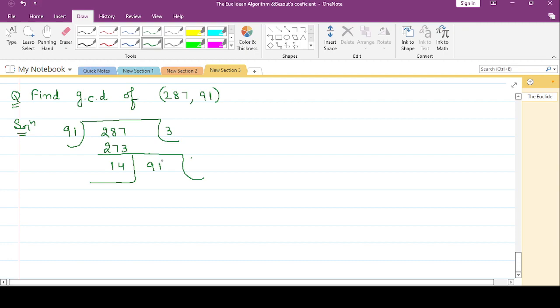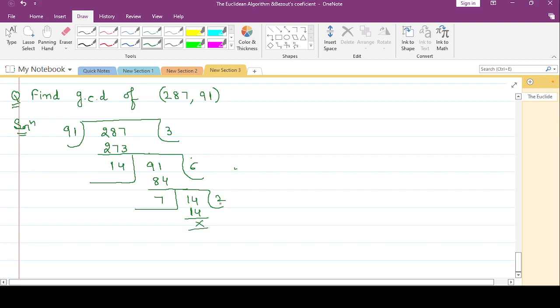So 14 into 7 is 98, but 14 into 6 is 84. Now 91 minus 84, what is it? It is 7. And then the previous divisor, which is 14, you divide it by 7. So 7 twos are 14.